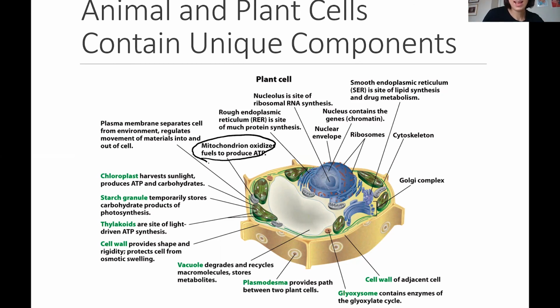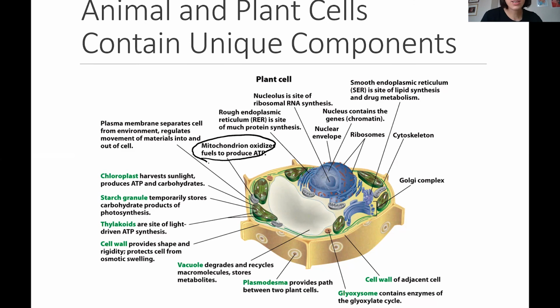This is an exterior membrane, the wall, which is very rigid and protects the cell from swelling. Plant cells have vacuoles, which are an area to degrade and recycle molecules. So this is kind of similar to the lysosomes, but again, this is unique to plant cells versus animal cells.